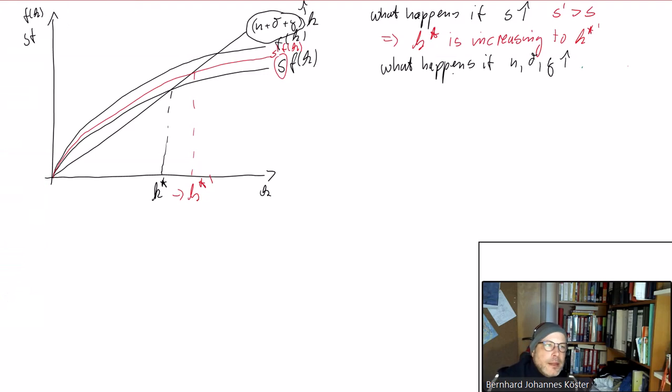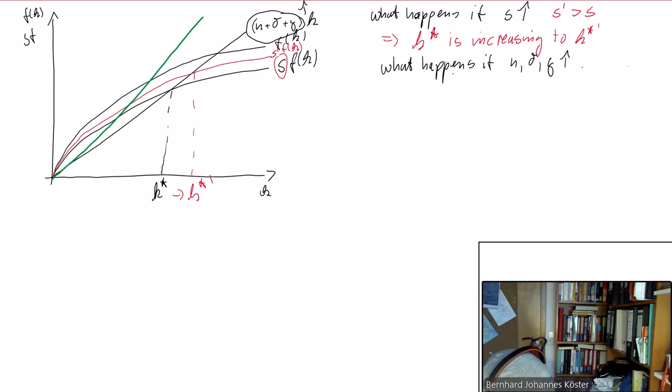Well, this means that the slope of our linear line is increasing. And increasing the slope of a linear line means that it is turning to the left. Yes, it gets steeper, this is the same. Anyway, so in this case, it would maybe look like this.